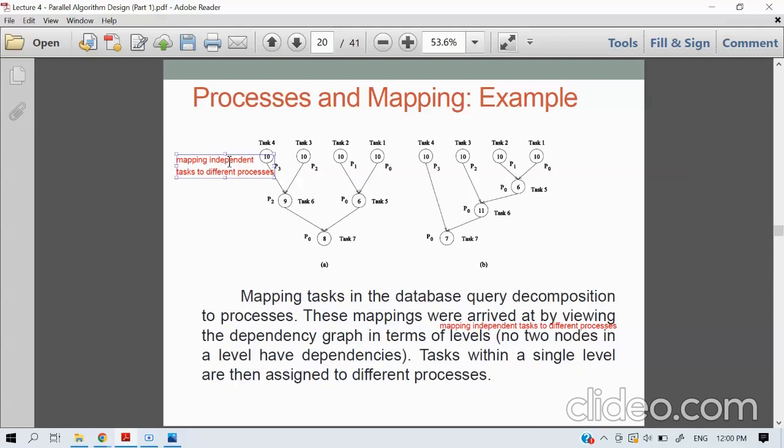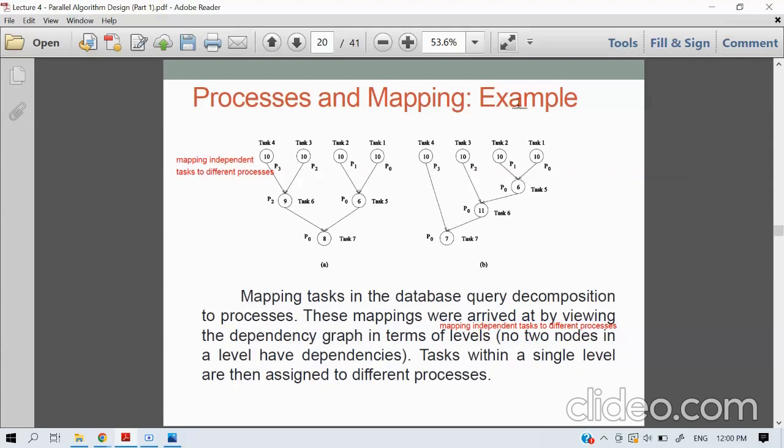So kalau you tengok lagi, mapping independent task to different processes. Task 4 is mapped to P3. Task 3 mapped to P2 and so on lah. Each processes being mapped into different tasks. And that task is independent with each other. So this mapping will arrive at by viewing the dependency graph.